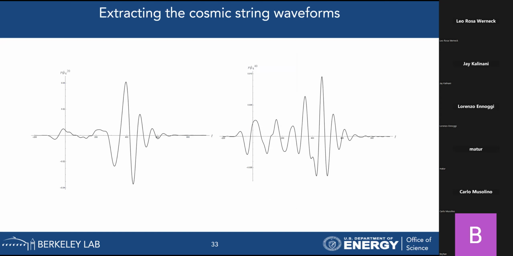We've already done things like extracted the waveforms for a cosmic string collapse, for example. In this case, we see both the L equals 2, M equals 0 spherical harmonics of the waveforms here. There's not a whole lot to see from this case other than it's a unique waveform compared to those of head-on colliding black holes.